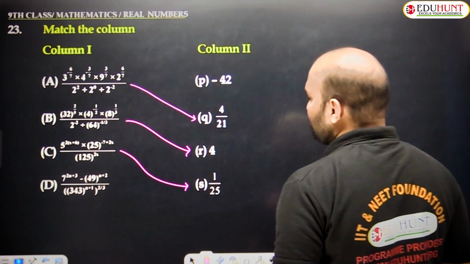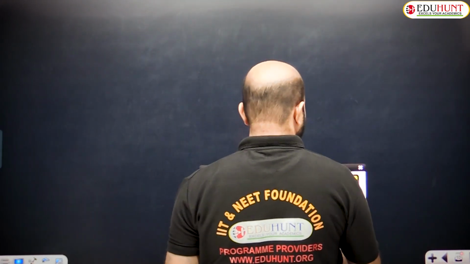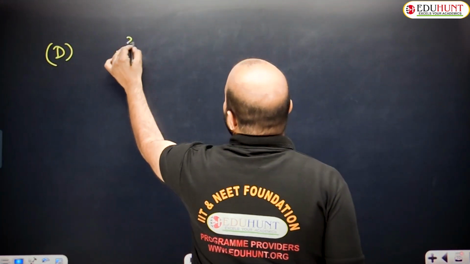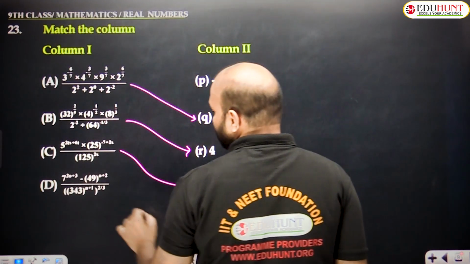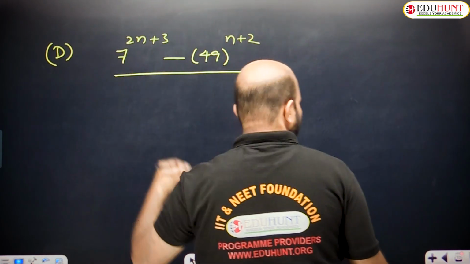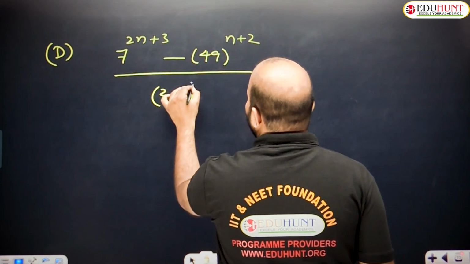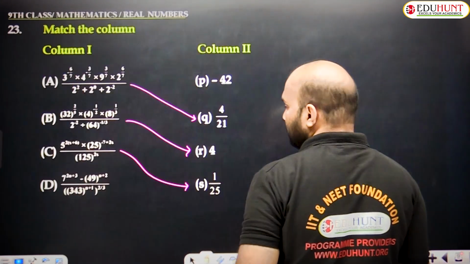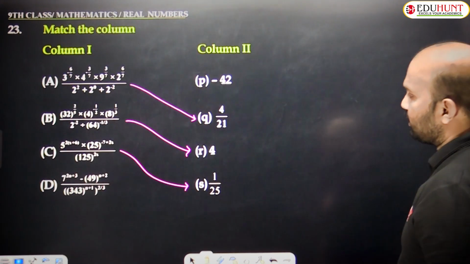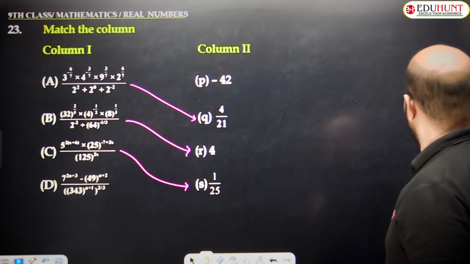So in D what am I given? 7 power 2n plus 3 minus 49 whole power n plus 2, whole by 343 whole power n plus 1, whole power 2 by 3 given. Am I clear?